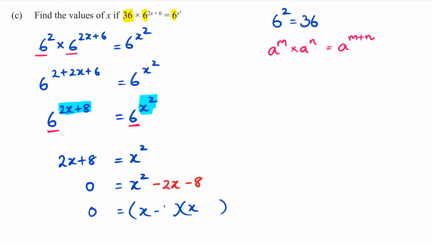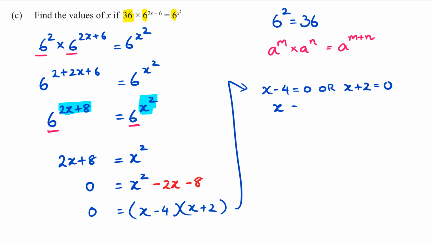So that's going to be -4 and +2. From here, we can say x minus 4 equals 0, or x plus 2 equals 0. In our first case, x is equal to 4, and in our second case, x is equal to -2. So we write down our answer as x equals 4 or x equals -2.